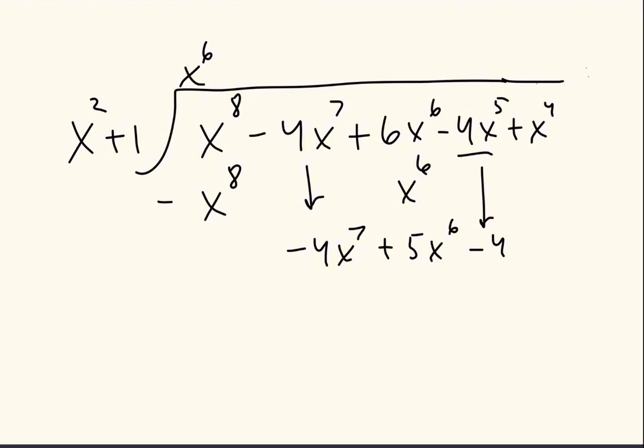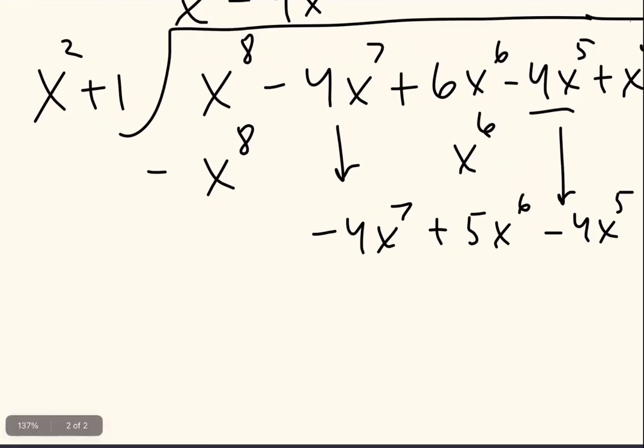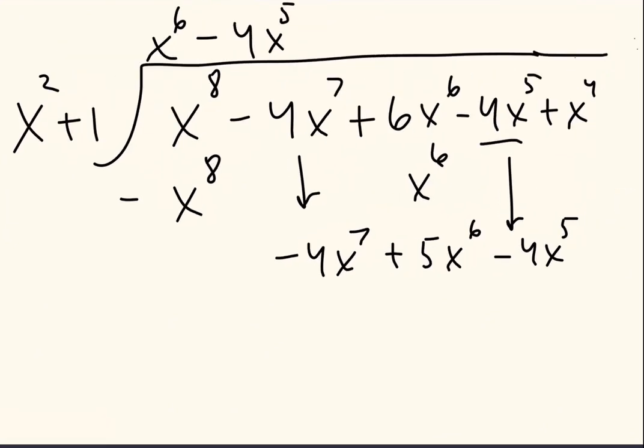And you'll bring down the next term, which is negative 4x to the power of 5. So the next thing that you can multiply to get negative 4x to the power of 7 to cancel out is just negative 4x to the power of 5. And you have to distribute it to x squared plus 1. Once you distribute, you should get negative 4x to the power of 7 and minus 4x to the power of 5.